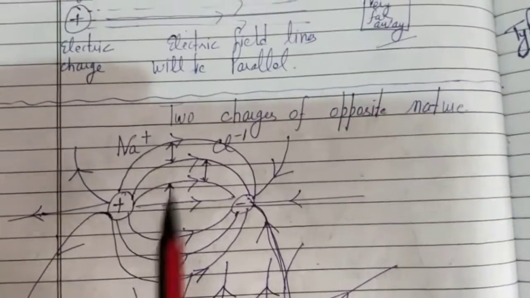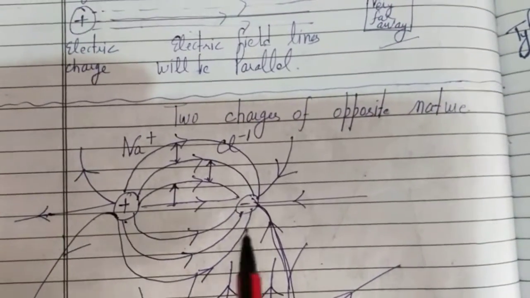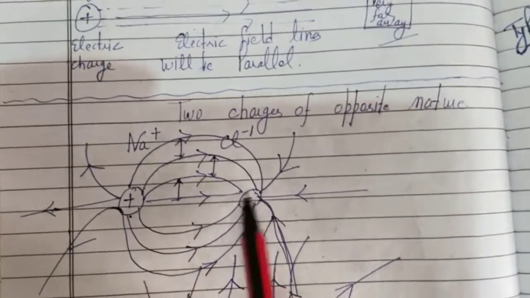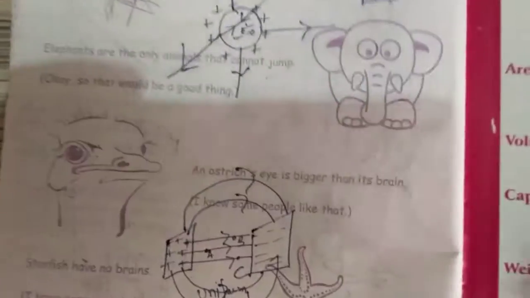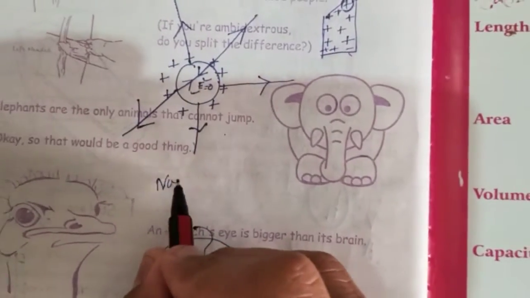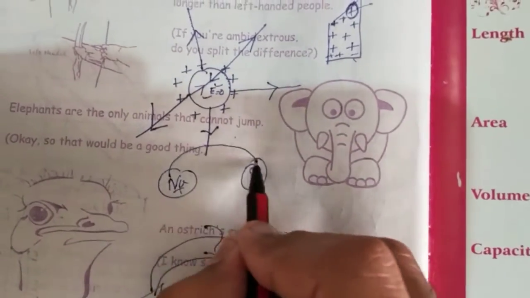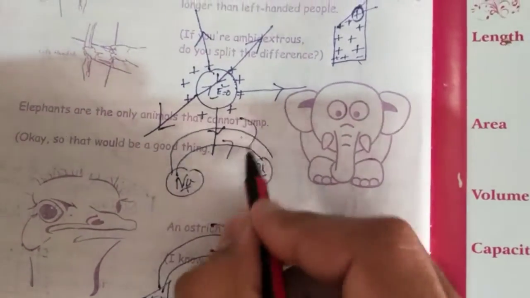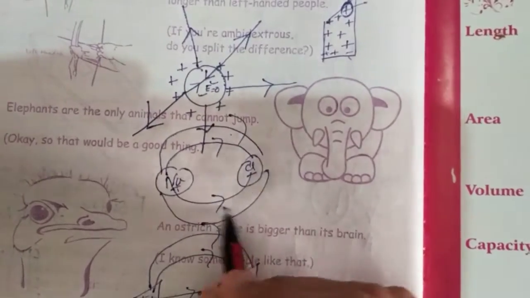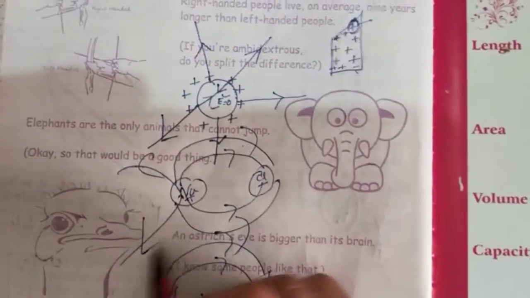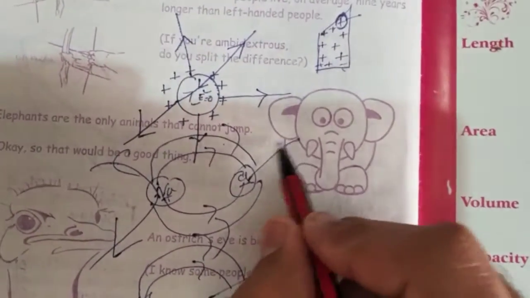This is a NaCl molecule, Na positive, Cl negative. Positive to negative, like this will be the concept. Na positive, suppose this, and Cl negative. It will move like this, positive outward and negative inward like this.